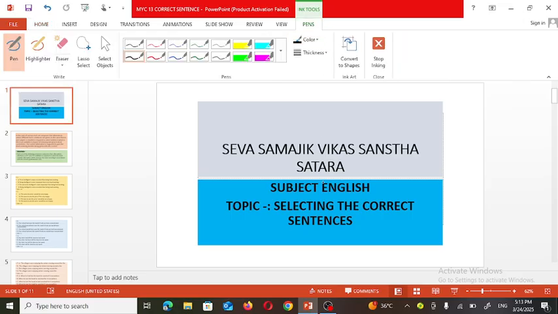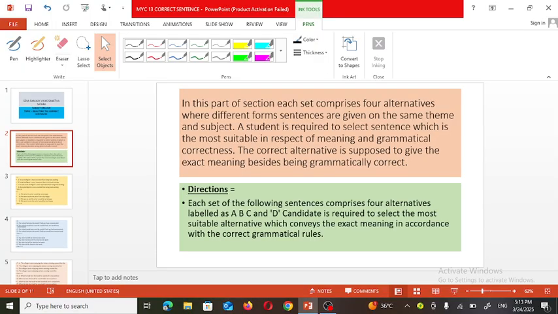Today in our English session we are going to discuss a new topic, that is selecting the correct sentences. Here a set of sentences will be given to you and you have to identify the most correct alternative.